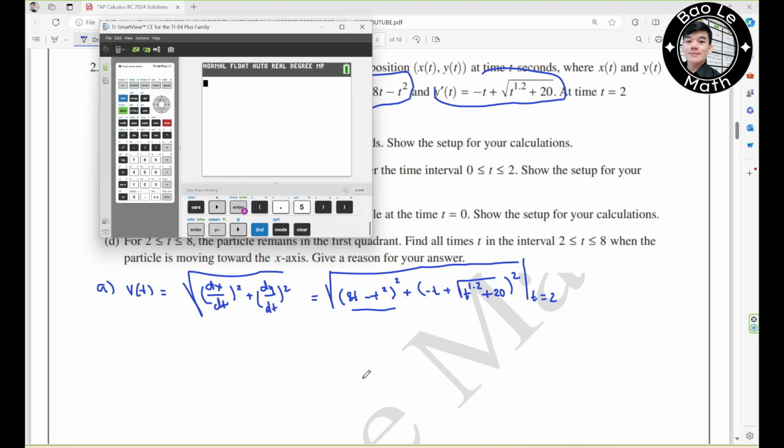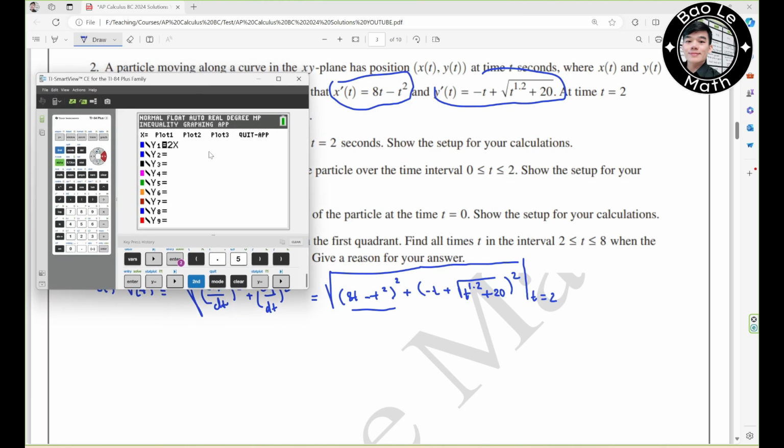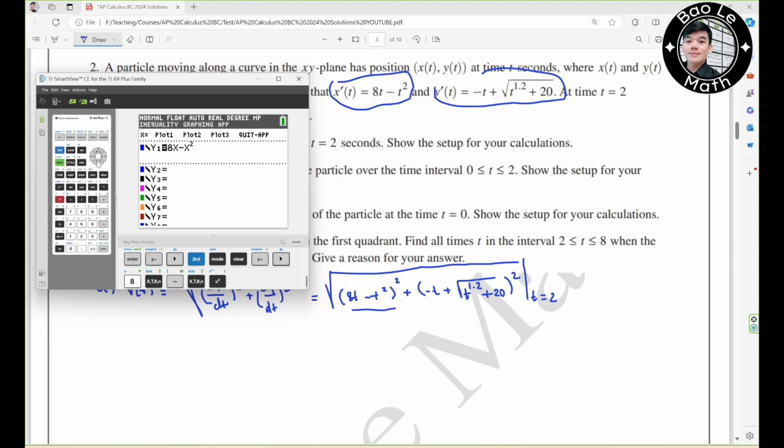Alright, now we're going to bring up the calculator. For the first one, we hit Y equals, Y1, and we just input x prime of t, this one right here: 8x minus x squared.